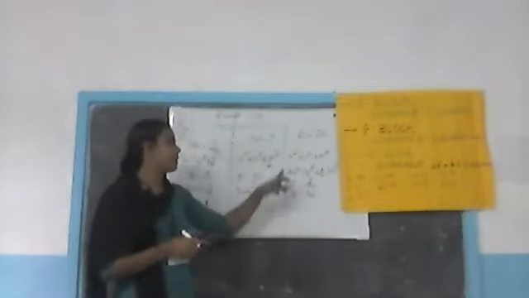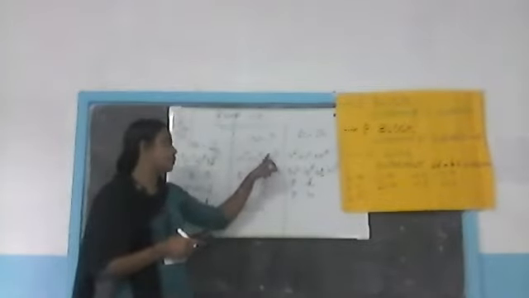Here, this element belongs to p block. For finding the group number of p block elements, we look at the last electrons present in the p subshell. For p block elements, add this number with 12.